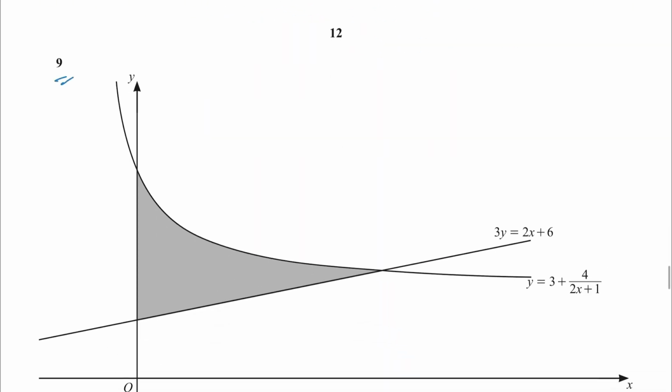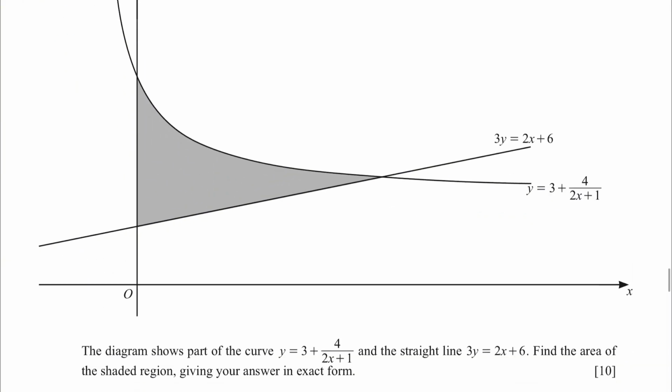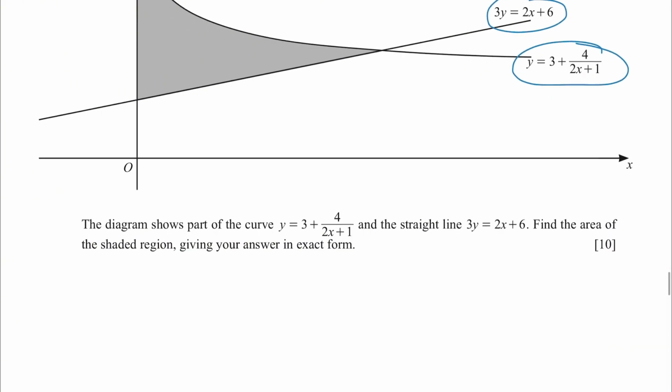Now moving on to question 9, where we have a curve and a line. The diagram shows part of the curve and the straight line. Find the area of the shaded region, giving your answer in exact form.